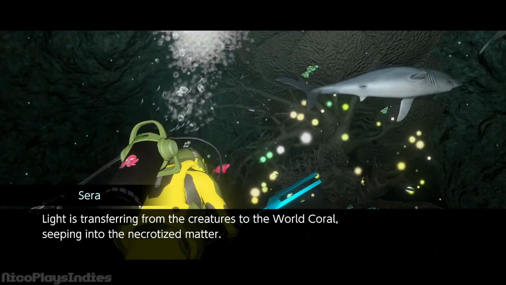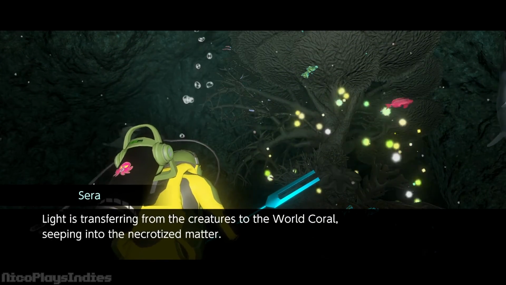Light is transferring from the creatures to the world coral, seeping into the necrotized matter.